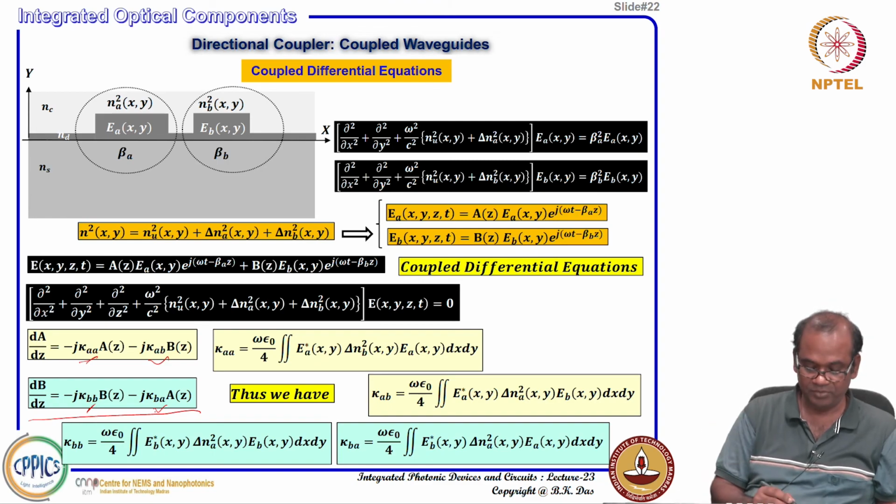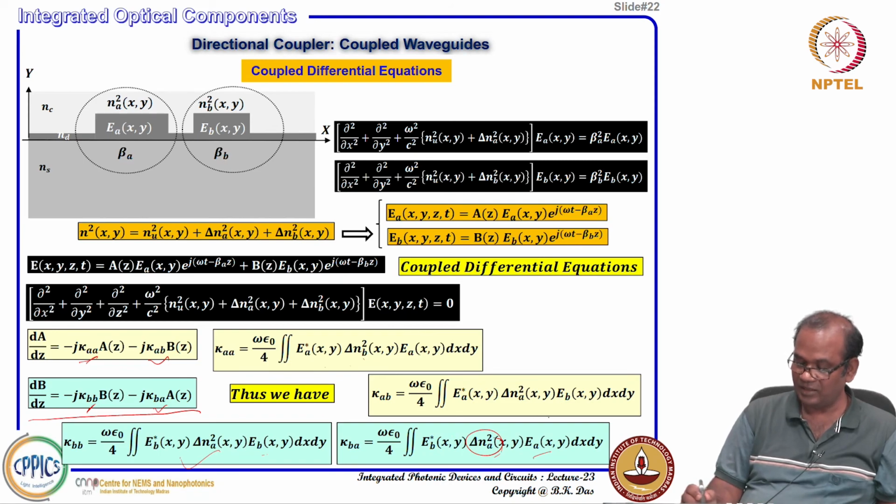Otherwise same. So, you get kappa BB, similar type of epsilon, kappa AB, EA delta NB square, EB delta NA square. That is delta NB, and this is delta NA, because BB is there, that is kappa BB, right. So, BB because of the delta NB square, and BA because of the presence of delta NA square.